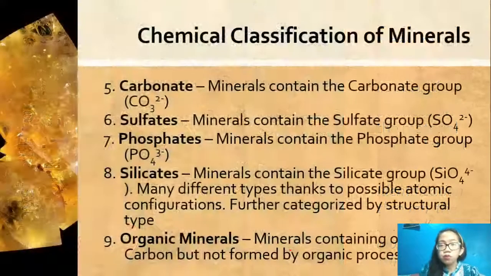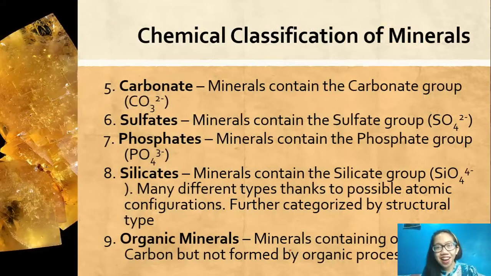But in terms of the number of minerals we have on Earth, we have around 4,000, I think, including the synthetic ones. So how are we going to classify them? Before, when we started studying earth science, we weren't able to identify them based on chemical classification, but based on their physical properties.